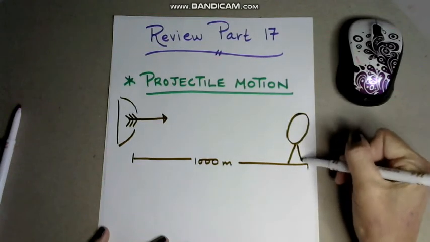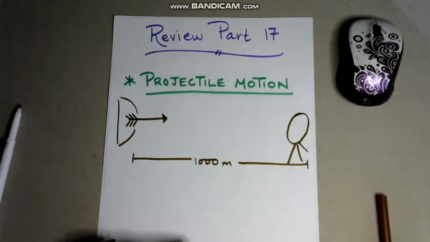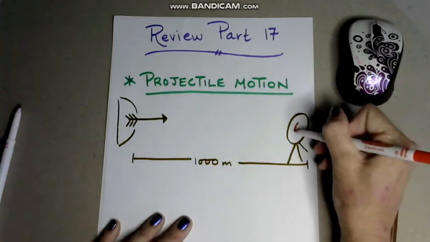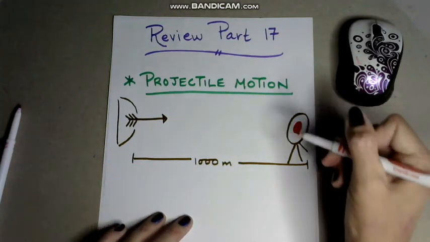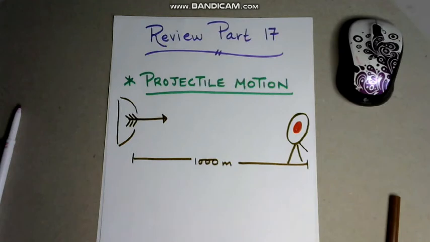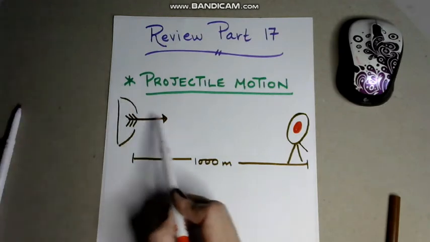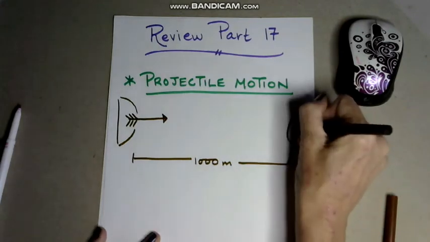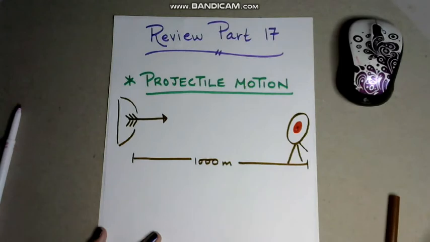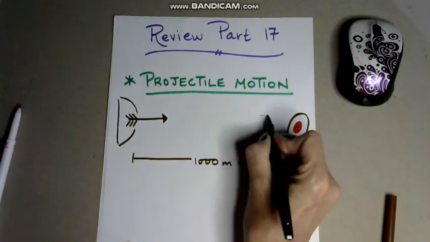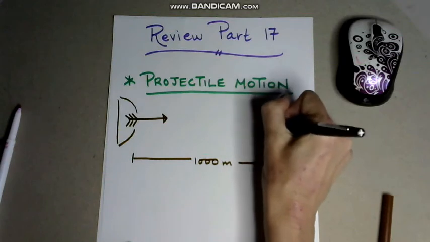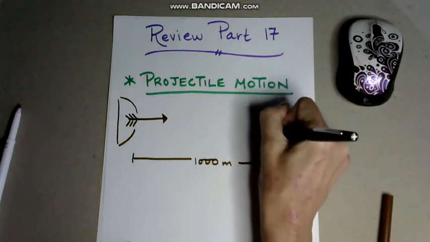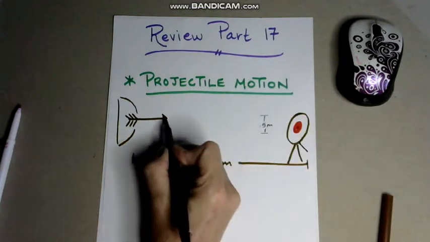So I've got a target 1,000 meters away, and I want to hit the bullseye. Here is the thing: the target itself, the bullseye, is actually going to be about 0.5 meters down from here.